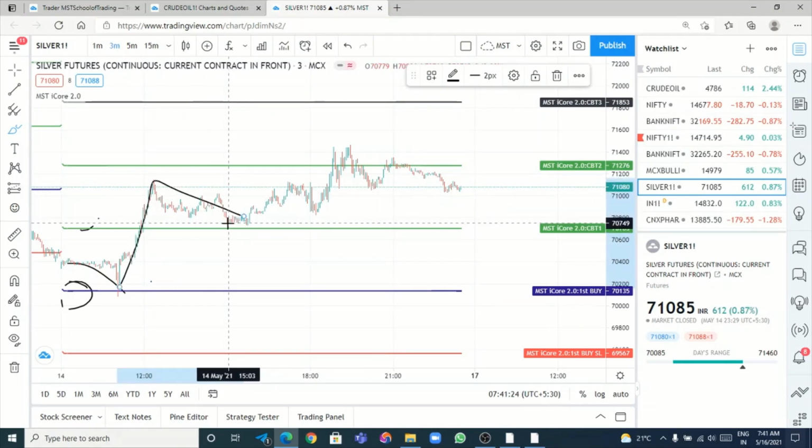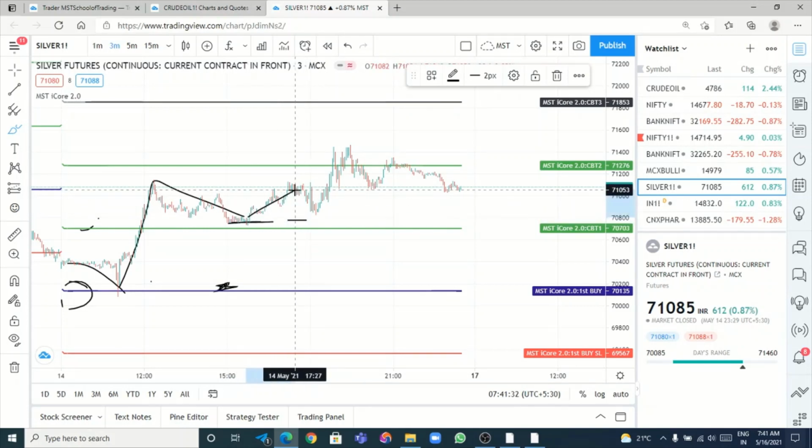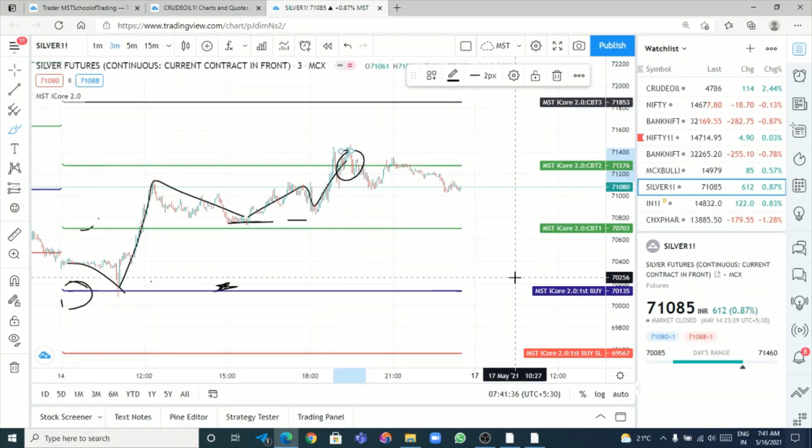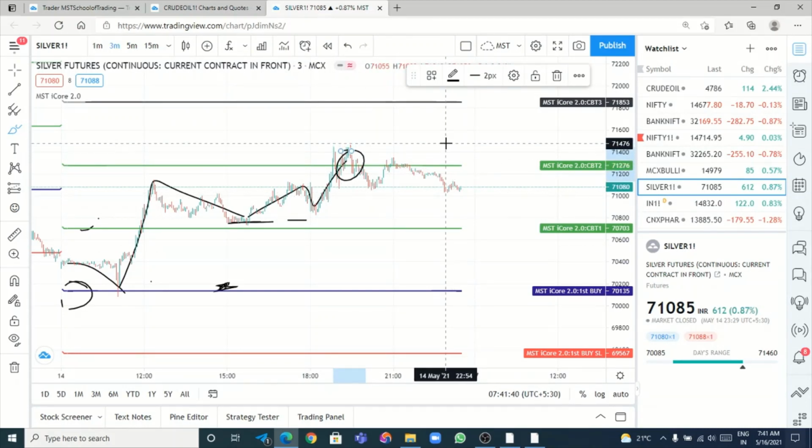See here, our revised stop loss is here for our remaining targets, but it did not even come to our first target. Then it picked up to the upside. The second target was also achieved, from 70,135 to 70,300 something, 71,460. Almost 1,300 points profit yesterday in silver alone.